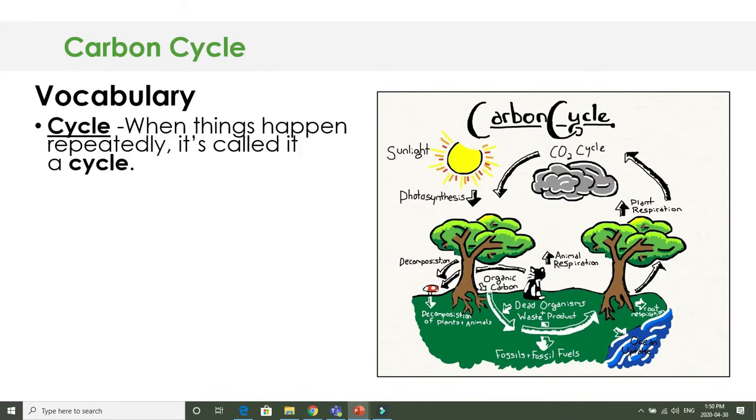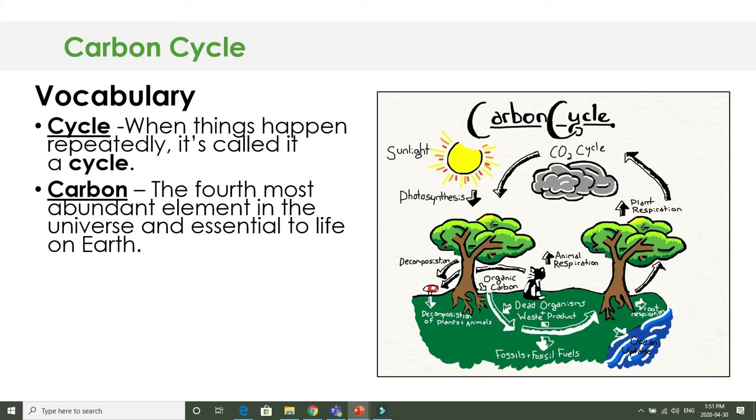Some basic vocabulary that you need to have before we move on. A cycle is when things happen repeatedly. That's why it's called a cycle. Carbon is the fourth most abundant element in the universe. So there's a lot of carbon on the Earth, and a lot of carbon in the whole universe. It is essential to life on Earth.